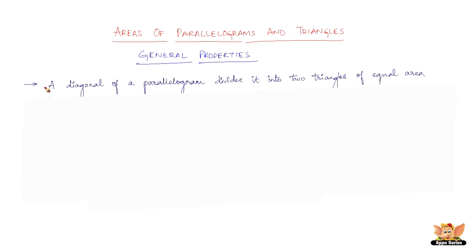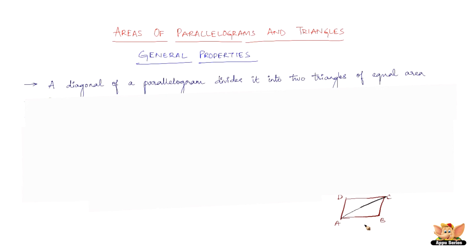Coming to the first property, it says that a diagonal of a parallelogram divides it into two triangles of equal area. Now quickly let me show you what it means. Take parallelogram ABCD, and say we have a diagonal AC.